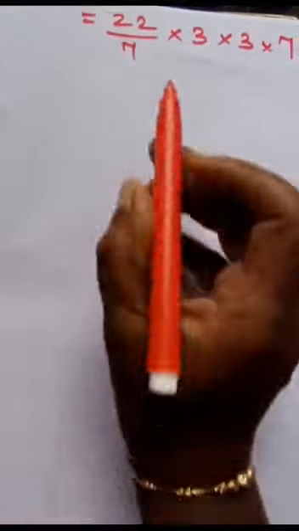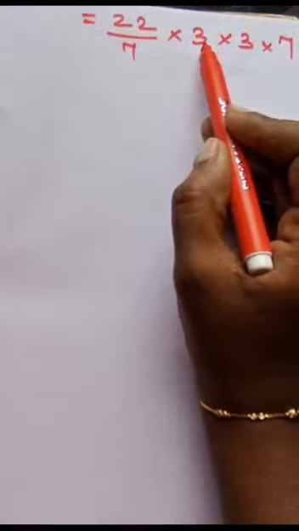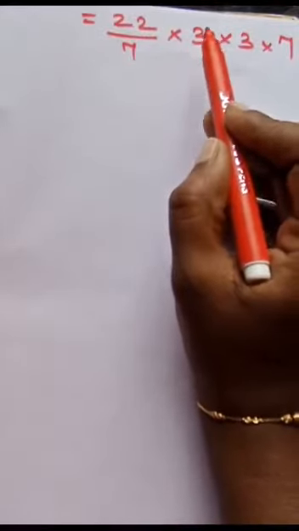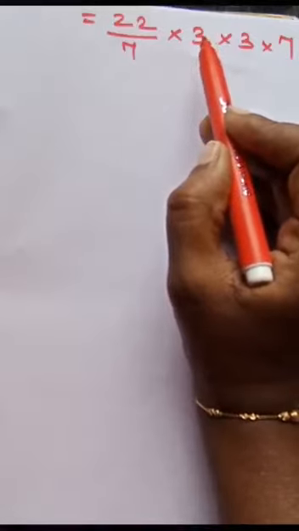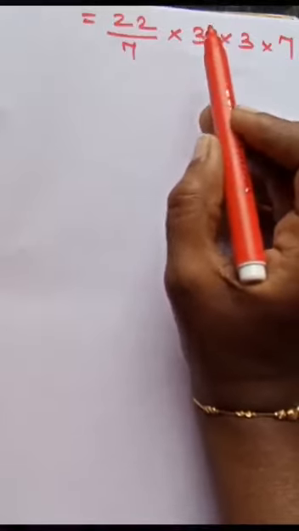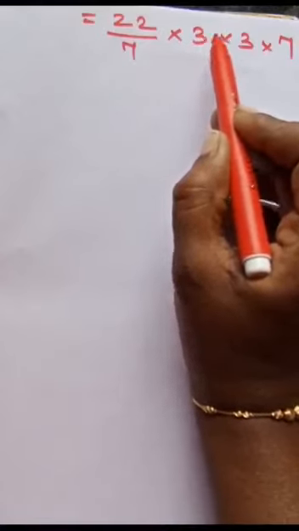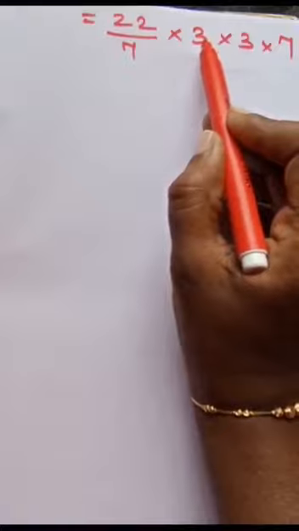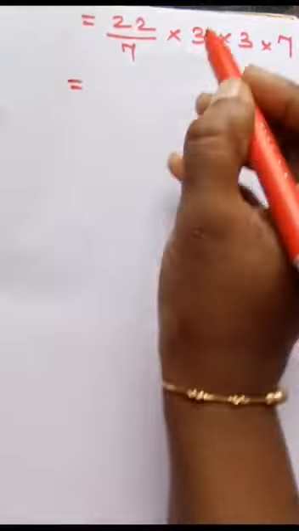Clear? Pi value is 22 by 7 and radius value is 3, which is given in our question. r square is in the formula. In the formula, r, the radius, is mentioned in square manner. So in such a case, we should write the value of r, that is radius, twice. So I have written here 3 into 3 into 7. When we write this, what can we do?